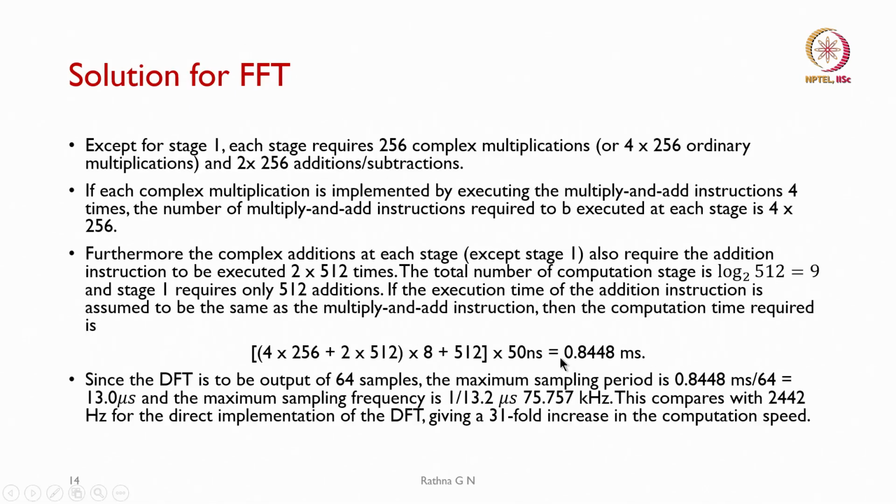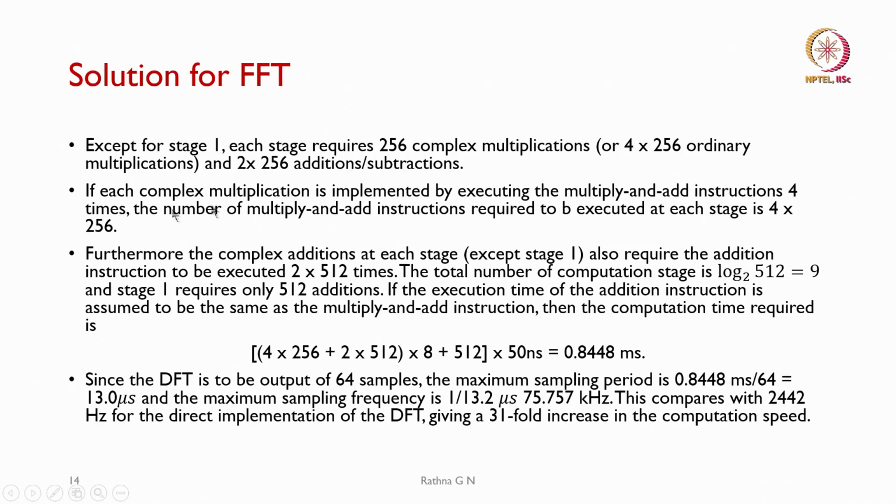Now we will see how we compute it with the FFT, except for stage 1, which is going to have only additions. In each stage we have to do N/2 complex multiplications, that is 256 complex multiplications, and we discussed in the last class that each complex multiplication takes 4 real or ordinary multiplications. So, it becomes 4 into 256 multiplications, and addition is going to cost us 2 into 256 additions or subtractions.